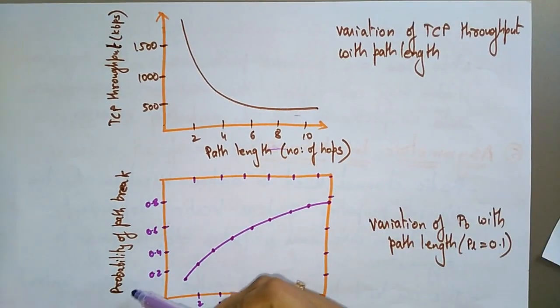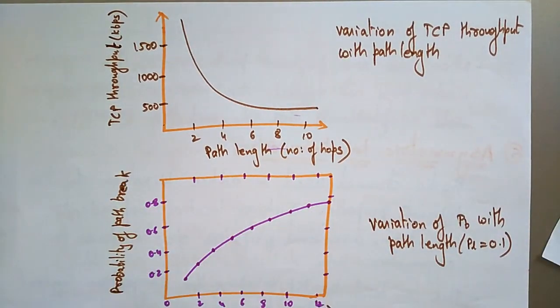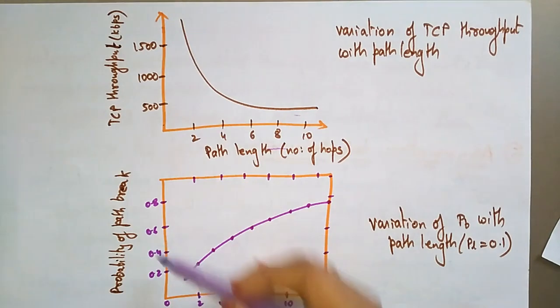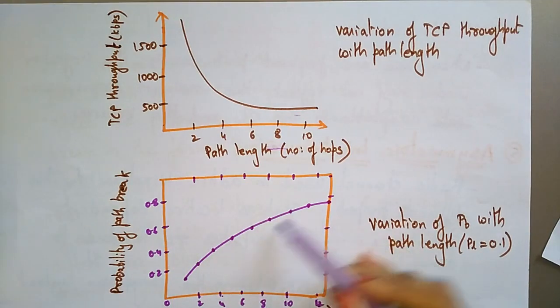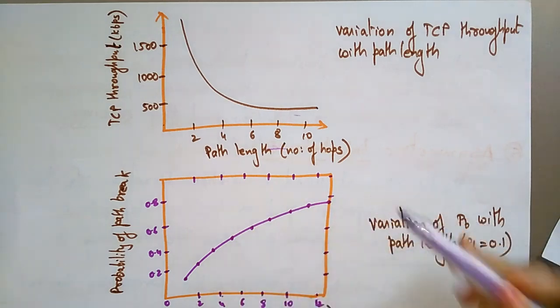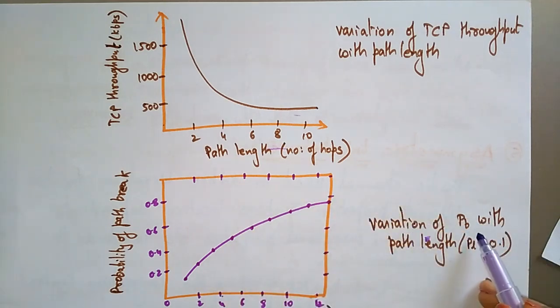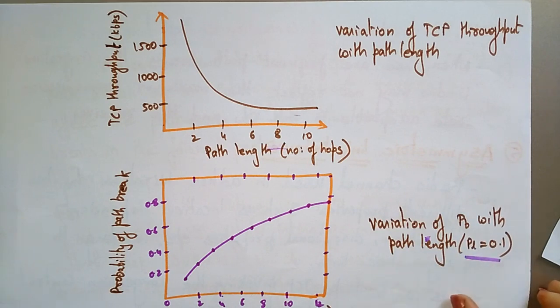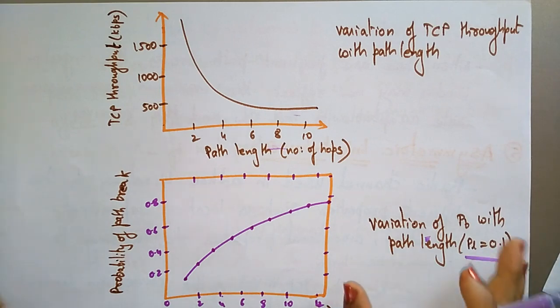In the same way, the path length, that is the number of hops, affects the probability of path breaks. When the length increases, the probability of path breaks also increases. This is the variation of the probability of path breaks with path length. So the effect of path length is also one of the reasons that TCP does not perform well in ad hoc wireless networks.